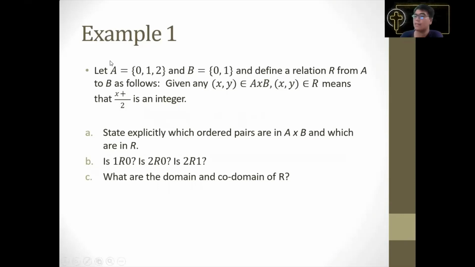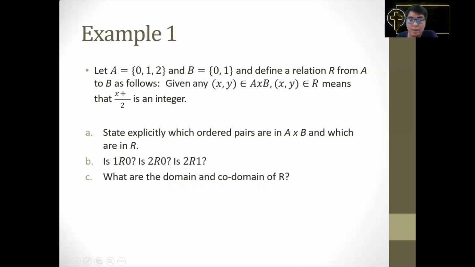First, let's take this example 1. Let A be equal to the set 0, 1, 2, and B equal to 0, 1, and define a relation R from A to B as follows. Given any ordered pair x y, element of A cross B, the ordered pair x y is an element of R means that (x plus y) over 2 is an integer.